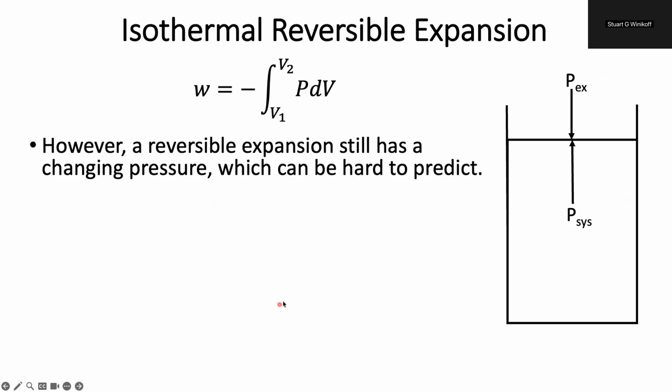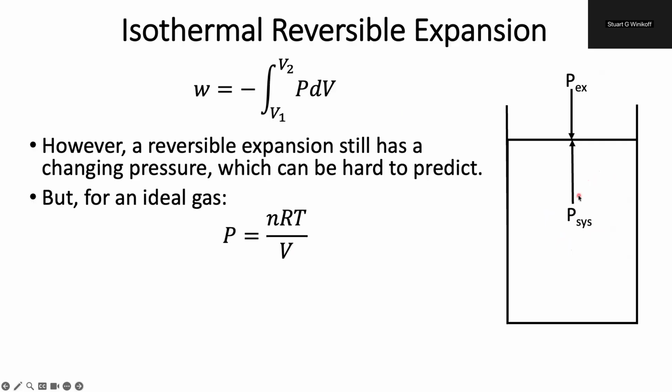Now, one of the problems that we still have is that with this reversible expansion, we still have this changing pressure. And so that can be very hard to predict. So we're going to need an equation to describe the pressure of the system. Well, hey, we spent chapter 1 developing some pretty good equations for the pressure of the system. So at this point, we can go ahead and pick our favorite equation of state to describe the gas inside the piston.